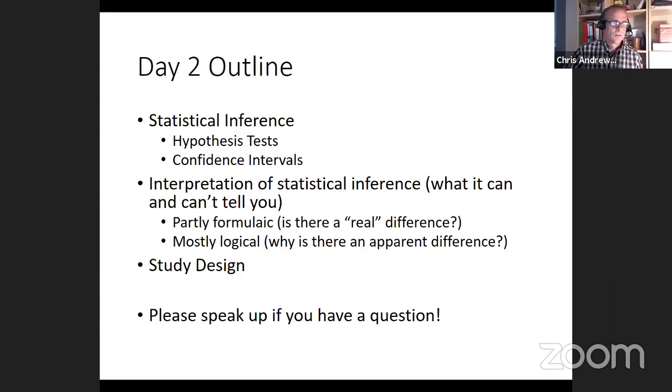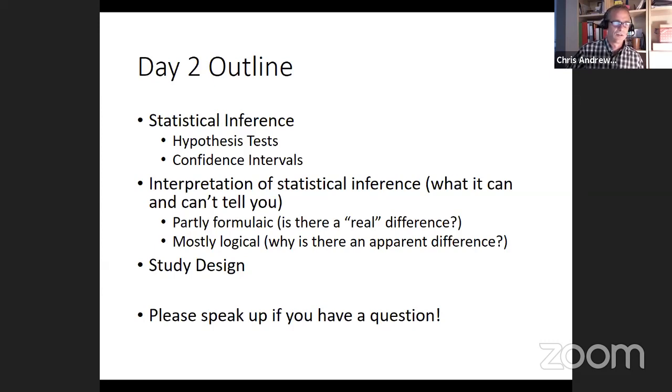There are two main types of statistical inference, hypothesis tests and confidence intervals. Both of these are procedures that use data to answer questions about a larger population, or so-called parameters, numbers that describe a population. After we remind ourselves or learn what those things are, we'll talk about how we can interpret those results.